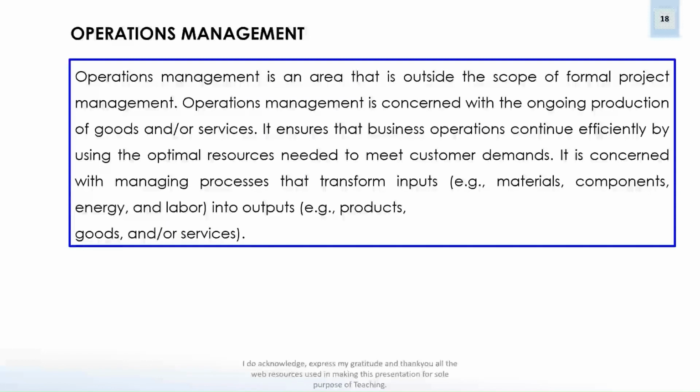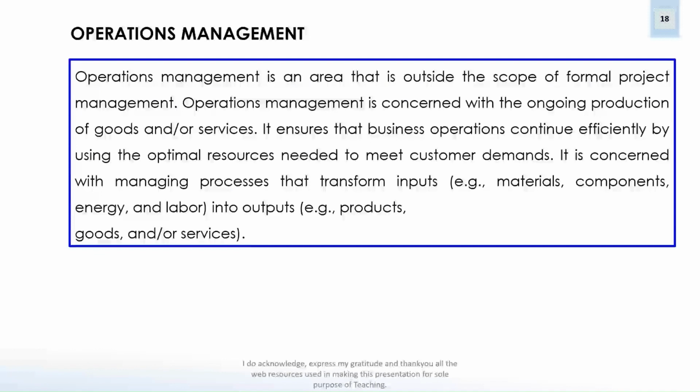We'll understand operations management. Operation management is an area that is outside the scope of formal project management. Let's understand it very clearly. Operation management is concerned with the ongoing production of goods or services. It ensures that business operations continue efficiently by using the optimal resources needed to meet customer demand.